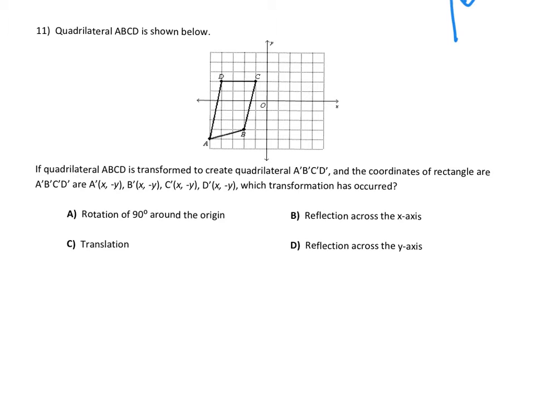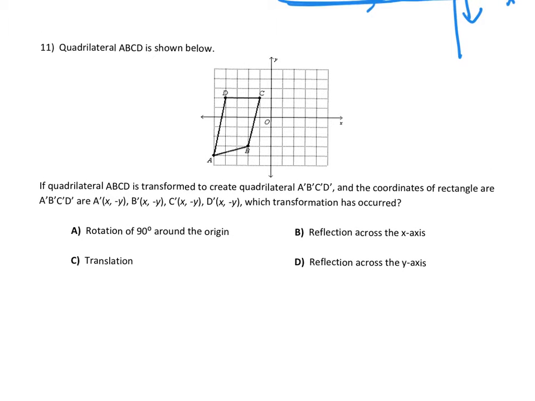If it reflected here, it would go from -1, 2 to +1, 2. So it can't be a reflection. It's changing the y every time. It's a rotation.